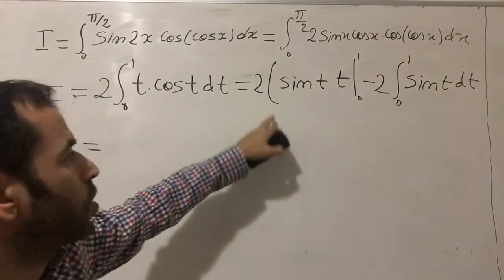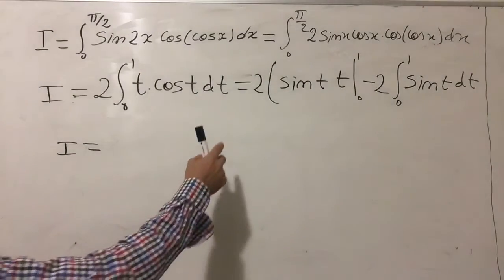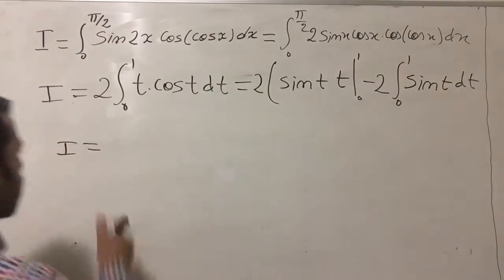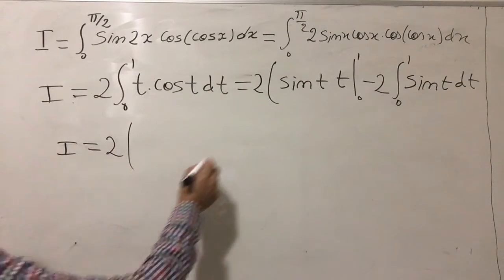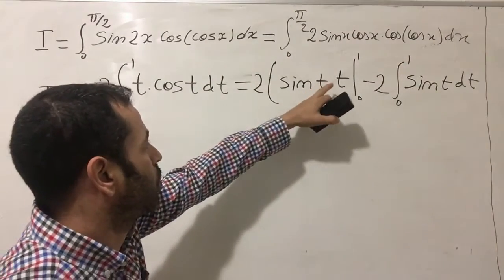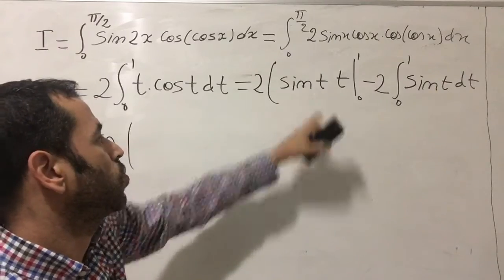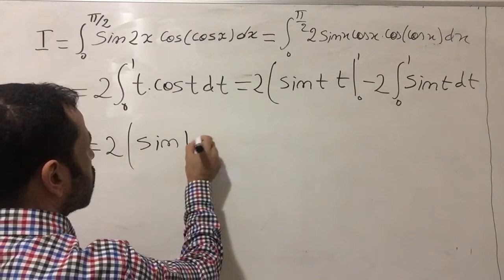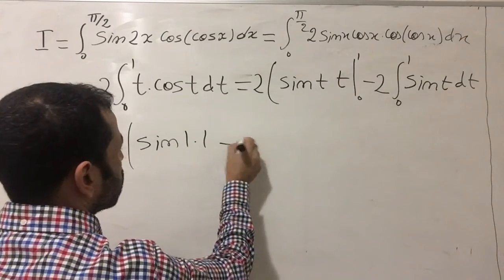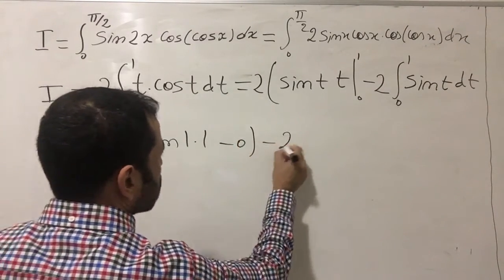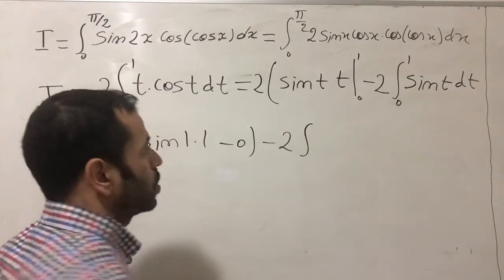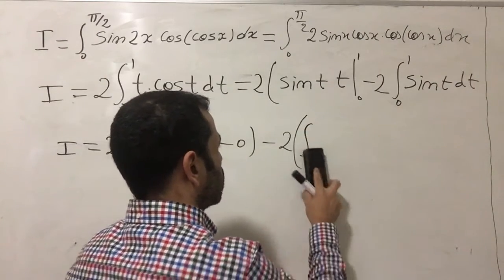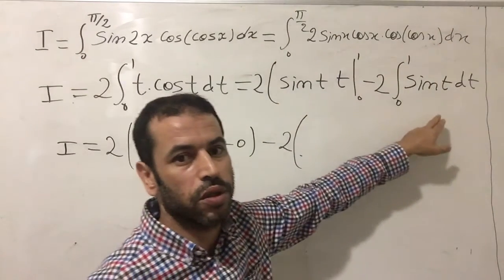Now we are at this expression, so I'm going to plug the numbers 1 and 0 into the first expression, with the number 2 outside of this expression. So sine t, if you plug the number 1 into this, becomes sine 1 multiplied by 1 minus 0. Minus 2 times, I still have this integral, so now I'm going to evaluate it. This is a straightforward integral.